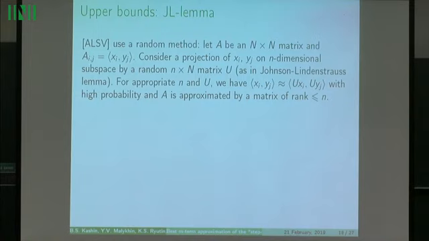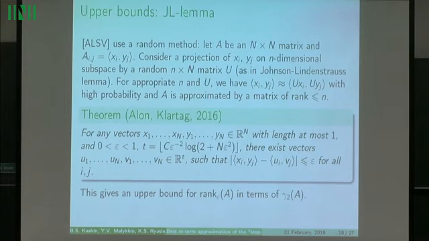And for an appropriate choice of n and this random matrix U, we have this approximate equality. So the scalar products of x and y are more or less equal to the scalar products of their projections, with high probability. And so we obtain that our matrix A is approximated by a matrix of rank not exceeding n.